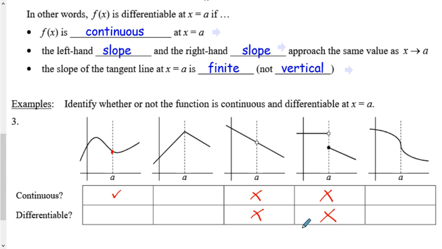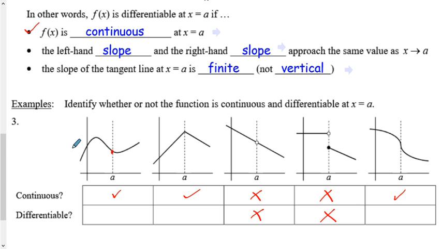All these others, this one is continuous at x equals a, this one's also continuous where x equals a. So that's dealing with this first condition for whether a function is differentiable. By differentiable, we mean we can find a derivative. We can find a slope of the tangent line.